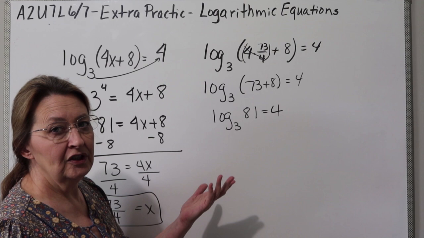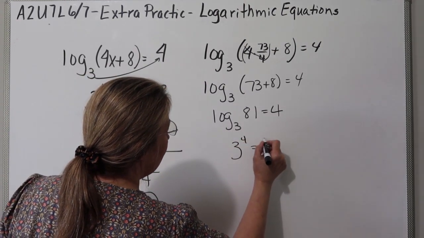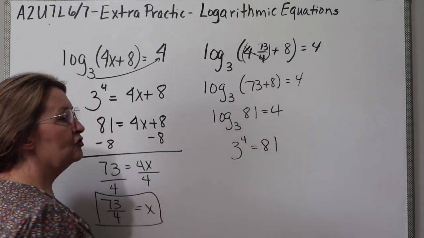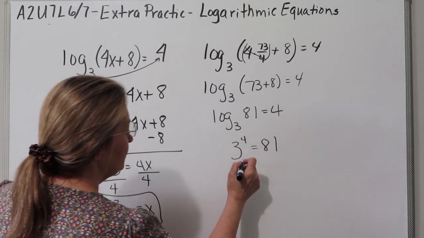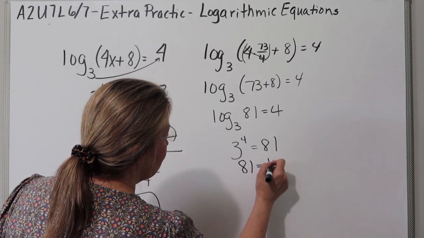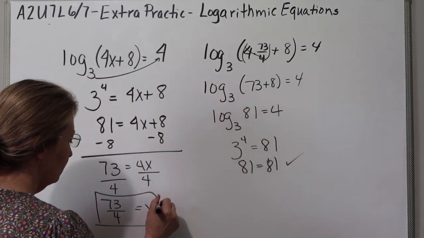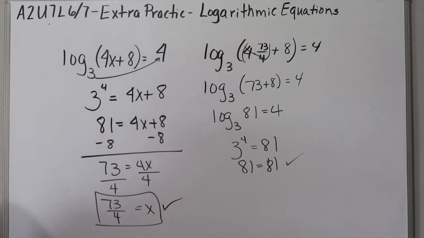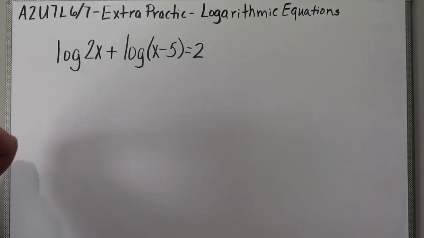Real simple, using your exponential property. 3 to the 4th power equals 81. Is this true? Well, 3 times 3 is 9, times 3 is 27, times 3 is 81. And so this is a true statement. It checks. I have no negative in my logarithm, so this is a valid solution. It is not extraneous. Okay, let's look at the next problem.